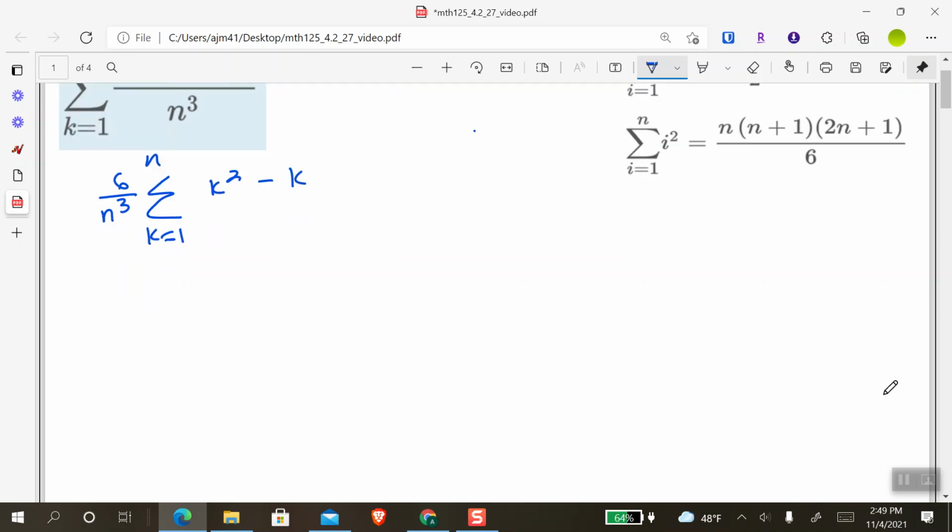All right, then from there, I would separate the summation into the k squared and the k. So 6 over n to the third times the summation of k equals 1 to n of k squared, and then the same thing, 1 to n of k.